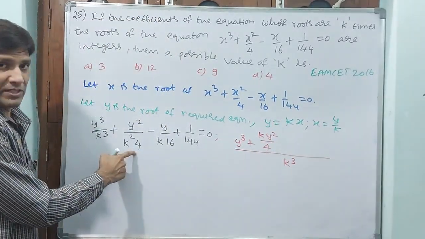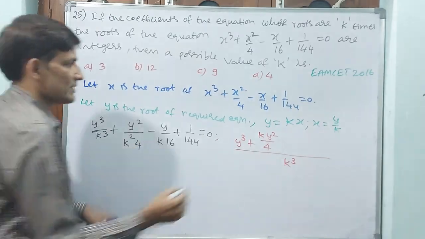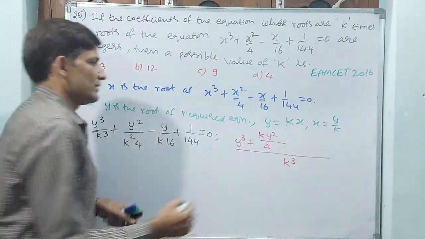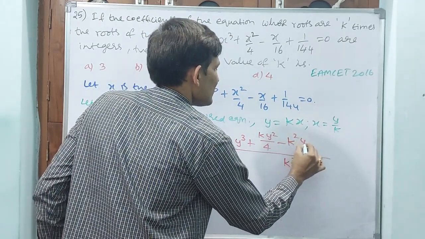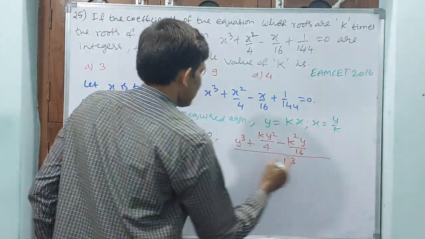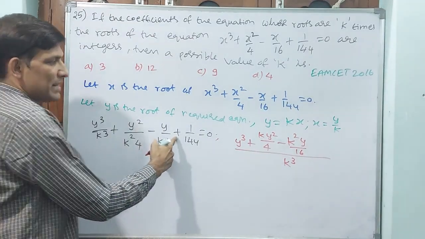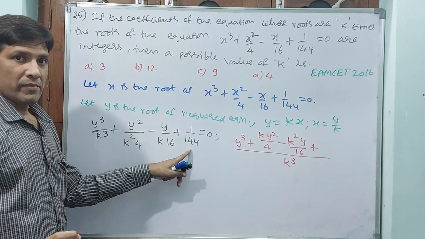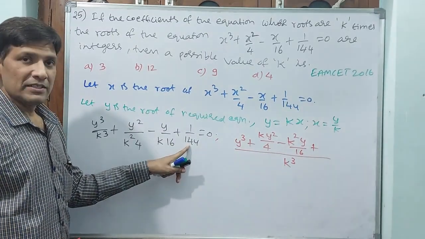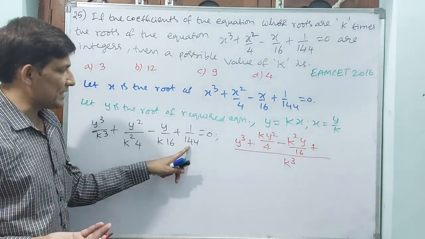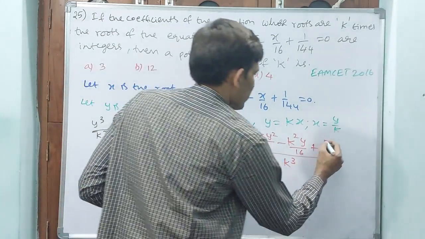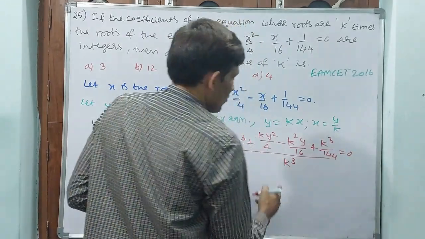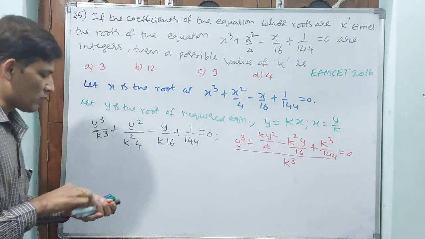Then minus k square times y by 16, don't forget. Plus 144, but k cube is not there, that is why simply k cube by 144, is equal to 0. Now k cube into 0, that we know very well.